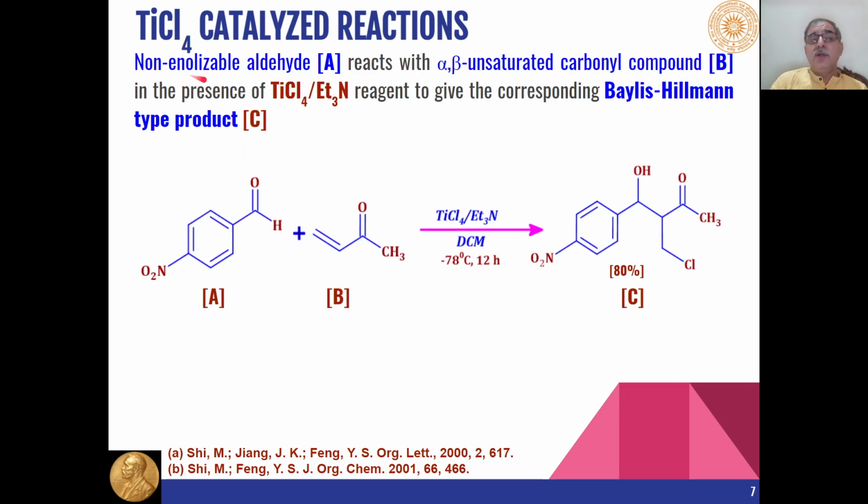Then non-enolizable aldehydes like benzaldehyde can also react with alpha beta unsaturated carbonyl compounds in the presence of the same reagent, TiCl4 and triethylamine, and Baylis-Hillman type of products are formed.